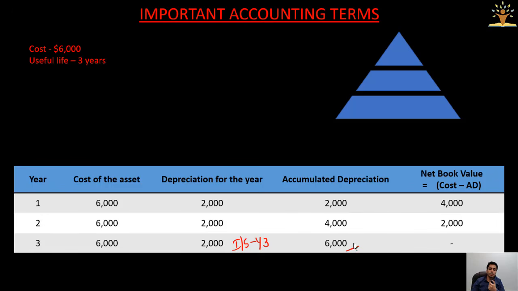Since the entire cost is already transferred to the income statement as depreciation, accumulated depreciation is now equal to the cost, hence net book value is 0, meaning there is nothing more left to be transferred to the income statement as depreciation. So, important terms that you have to note here: cost, depreciation, which we can also refer to as annual depreciation, accumulated depreciation, and net book value.